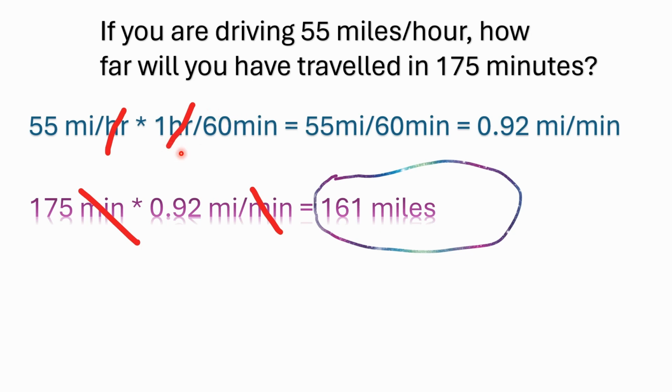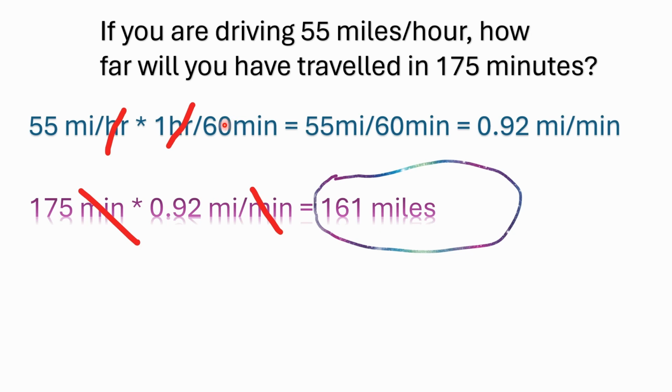What will happen here is you have an hour, this is a forward slash, so we're talking about division here. These units are miles divided by hour, and we're multiplying it by hours per minute, where 1 hour is the same as 60 minutes.